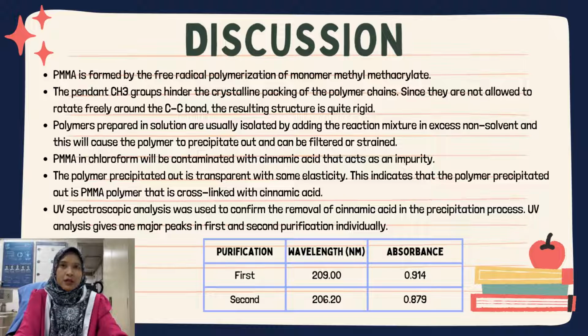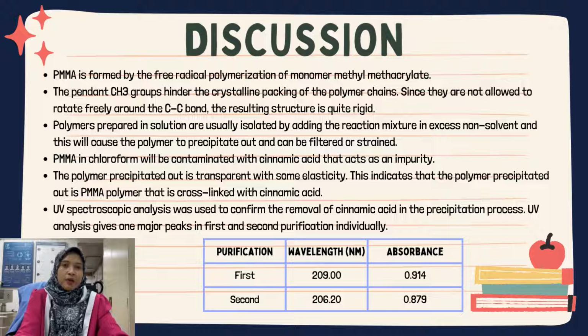However, to get rid of the impurities from the mixture, polymer purification is essential. Typical purification processes include solvent extraction, reprecipitation, standard drying, and many others. In this experiment, the reprecipitation process was used to separate and purify the PMMA polymer.